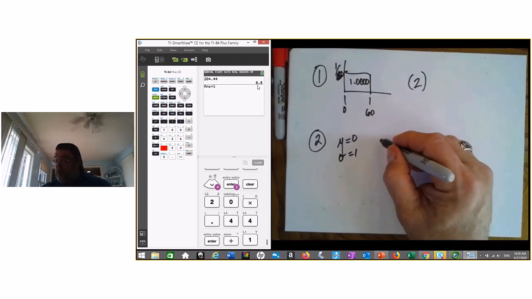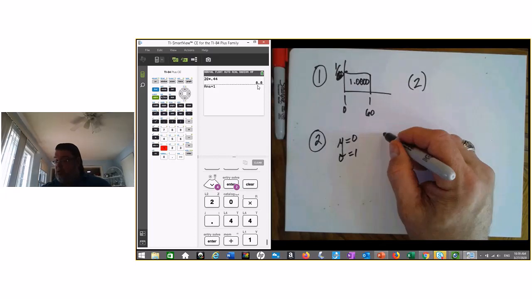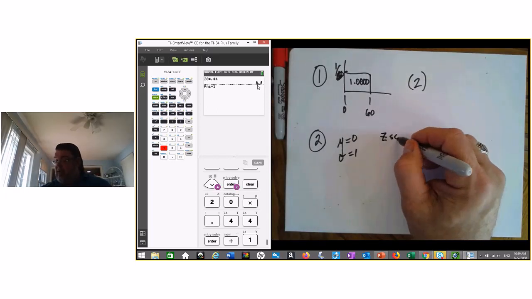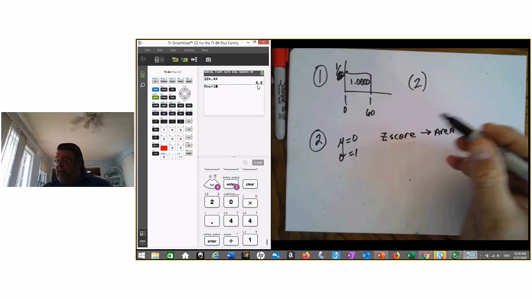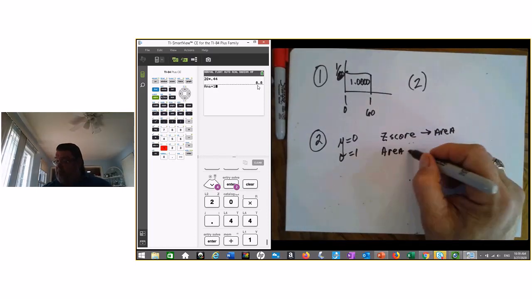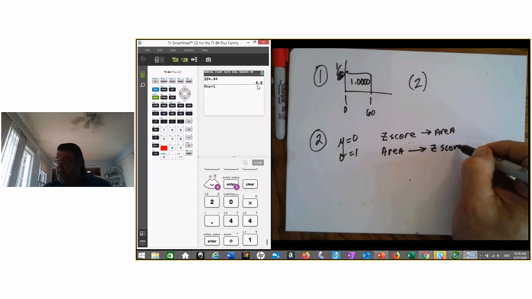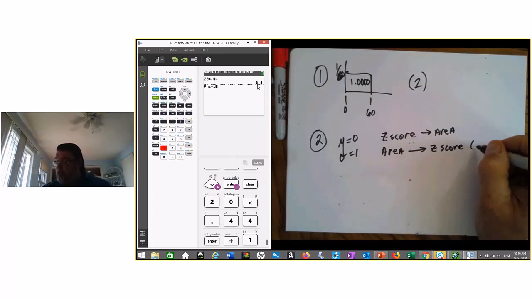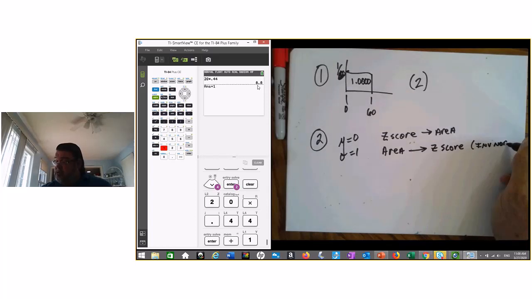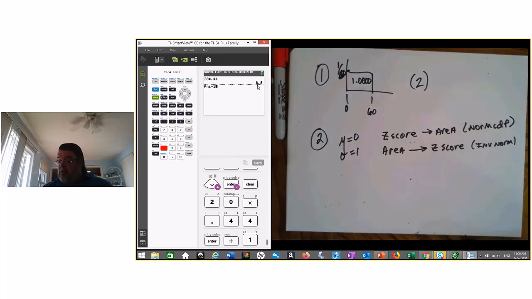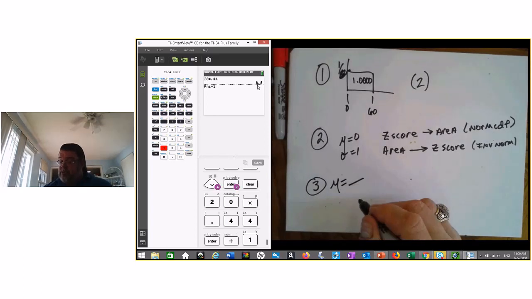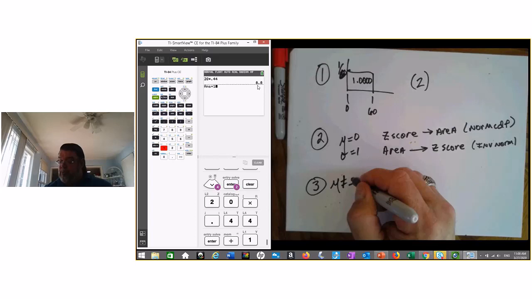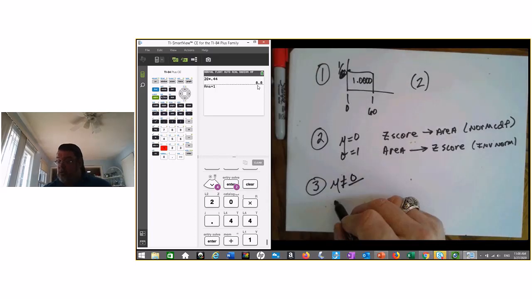You're going to have one that gives you a z-score, and you find the area, or they're going to give you the area and you find the z-score. And that is inverse norm. And this is normal CDF. And then the third type of question will be mu is equal to some number other than 0, and standard deviation is not equal to 1.